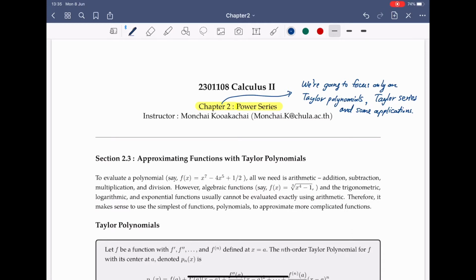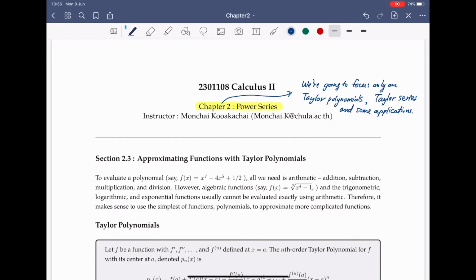By this I mean we are going to skip section 2.1, skip section 2.2, and skip section 2.5. Those sections were labeled in the course syllabus as self-study, so you can study it later if you want.